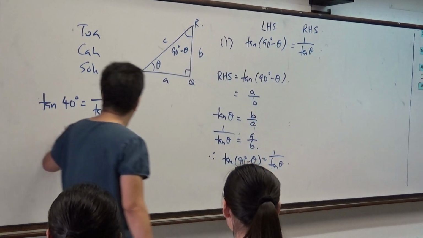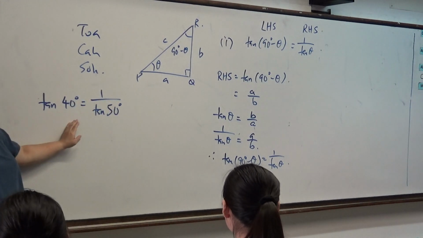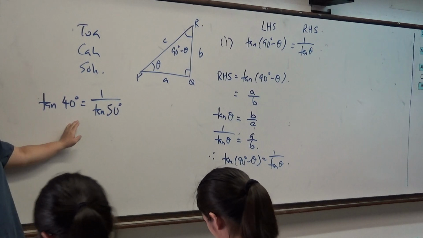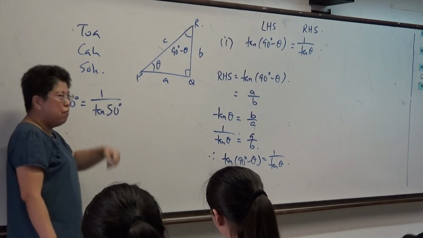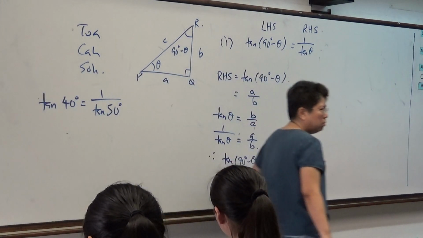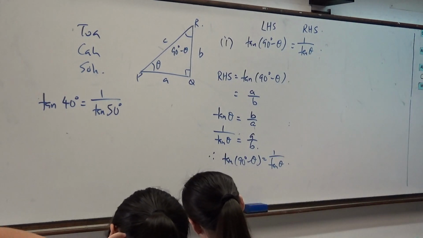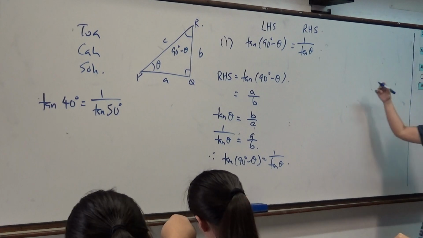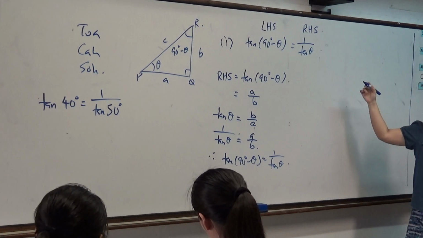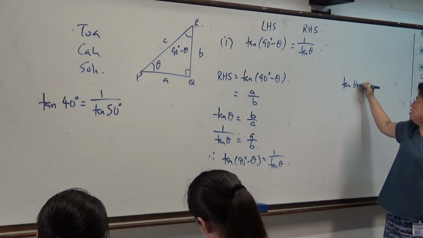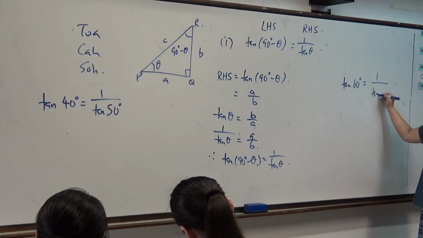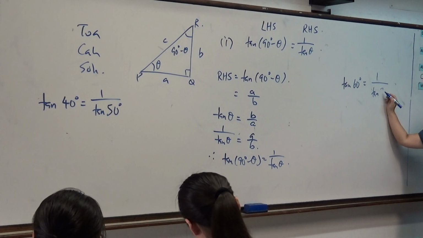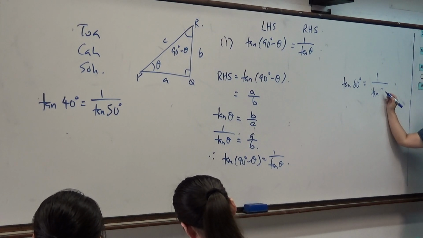Can you press your calculator for me? Tangent 40. Everybody go and press tangent 40. Tangent 60 is 1 over tangent what? 70? Why 70?